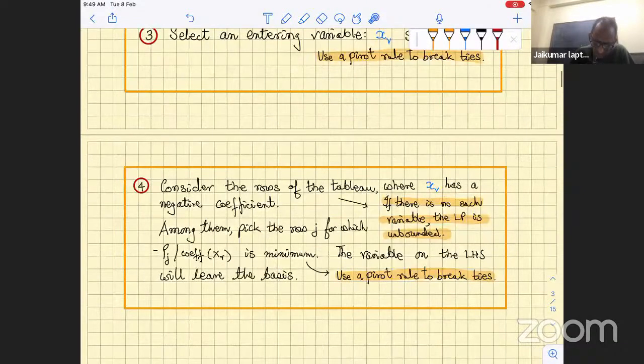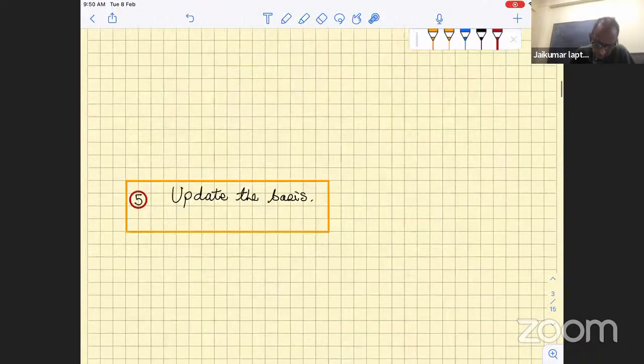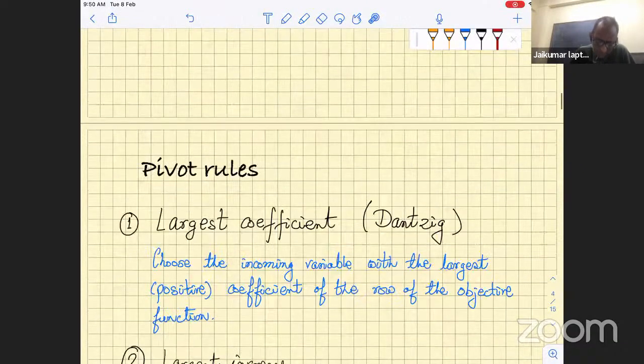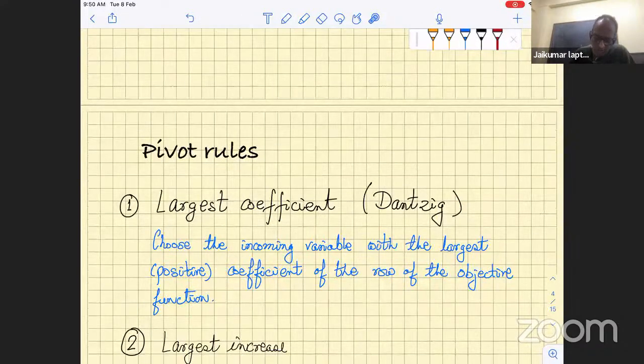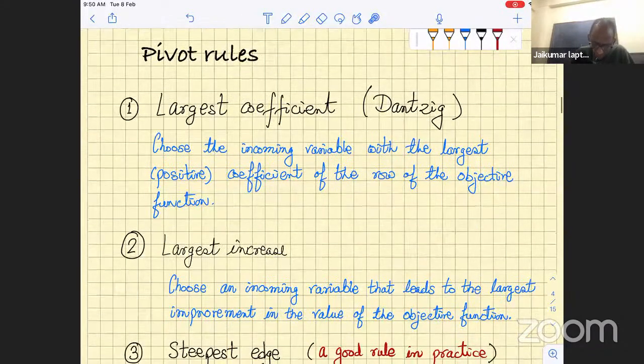Now, for that reason and for other reasons of efficiency, one can ask, what sort of pivoting rules should we use? Let me just go over various rules that have been proposed. Some of them have advantages of efficiency, and from what I read in books, it has never been noticed, or it has been noticed only once, that an LP that arises from a natural problem actually cycles.